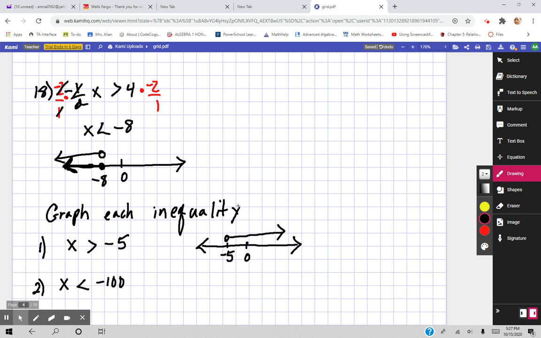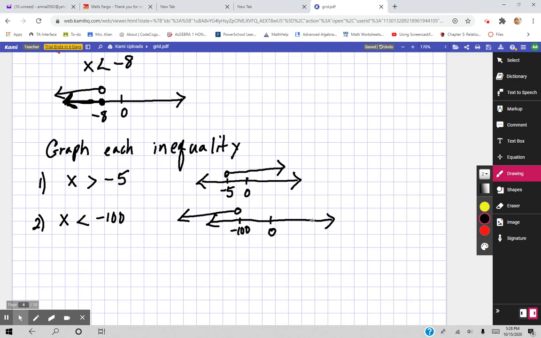Go ahead and graph that. So negative 100 will be somewhere on the left of 0. So it'll be an open circle going to the left.